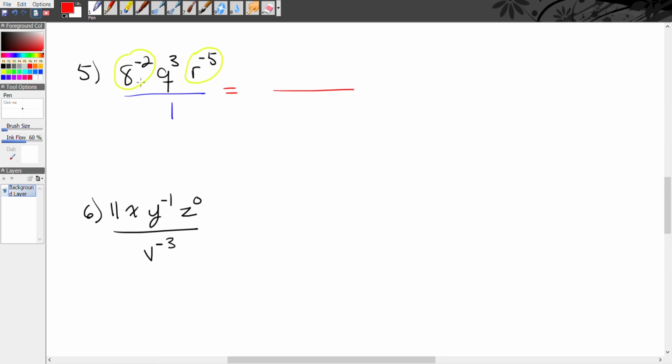So 8 to the negative 2nd power is going to move to the bottom and become 8 to the 2nd power, times r to the negative 5th power is going to move to the bottom and become r to the 5th power. How about q to the third? Well, q to the third is just going to stay on top because it doesn't have a negative exponent.